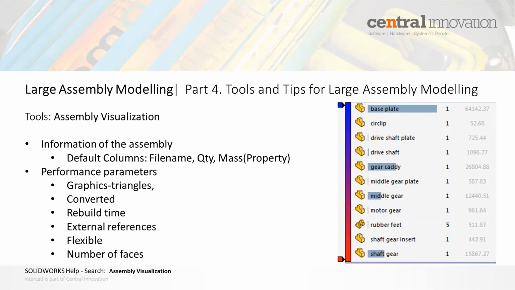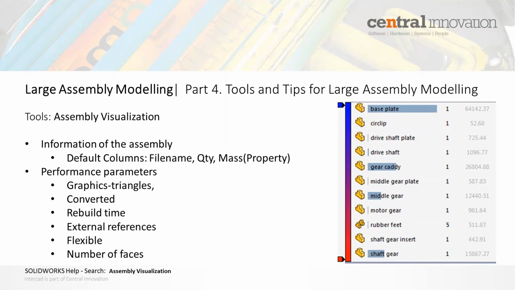It initially displays some default columns, and those default columns show the file name, the quantity of components, and the mass, usually by default. And there are some other parameters that we can show, such as graphics triangles, whether all of the components have been converted, the rebuild time, if there's any external references, if there's flexibility in the assembly, and we can also detail number of faces.